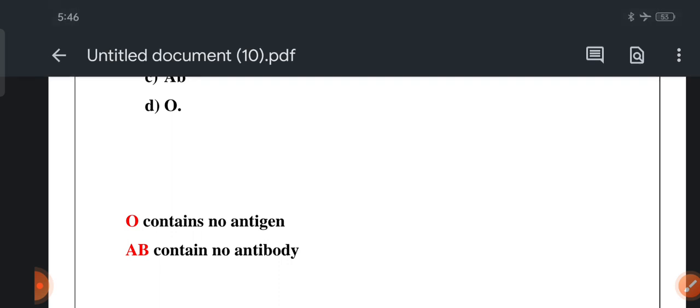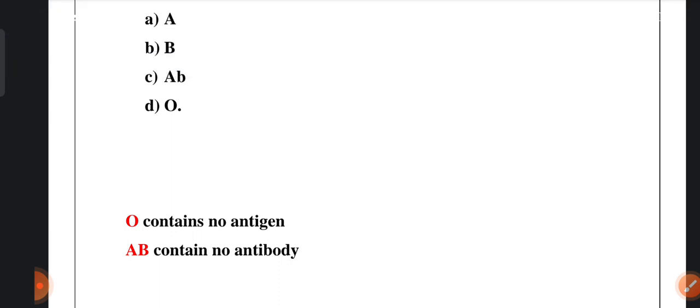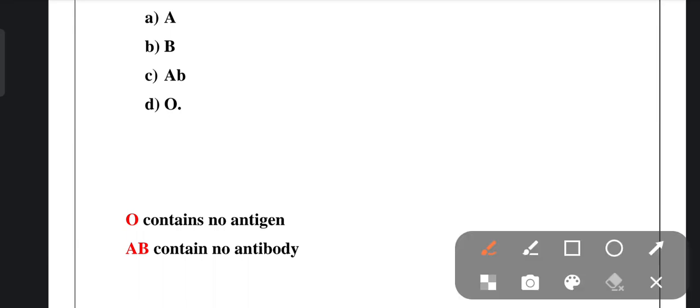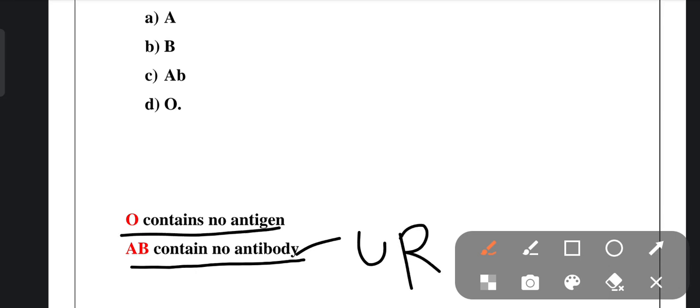Because AB blood group contains no antibody. When there is no antibody, nothing will happen when they take any type of blood. When they receive any group of blood, there is no antigen antibody reaction. That is the reason AB is the universal recipient, and O is the universal donor.